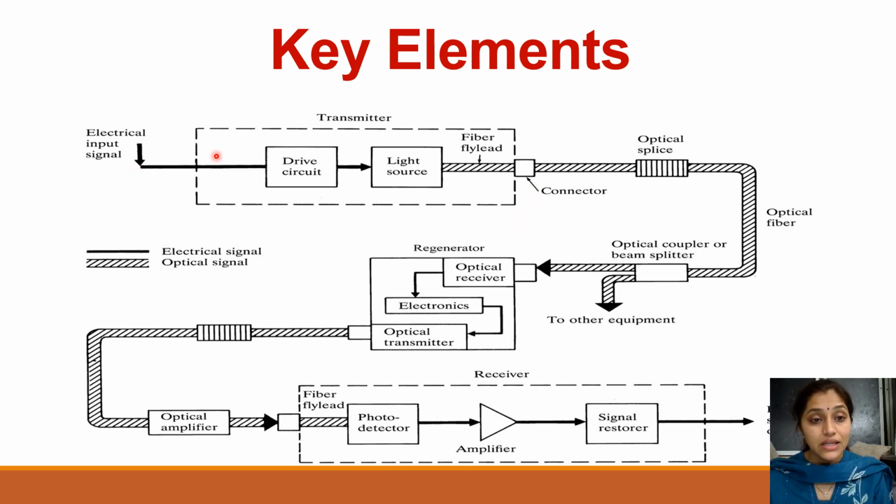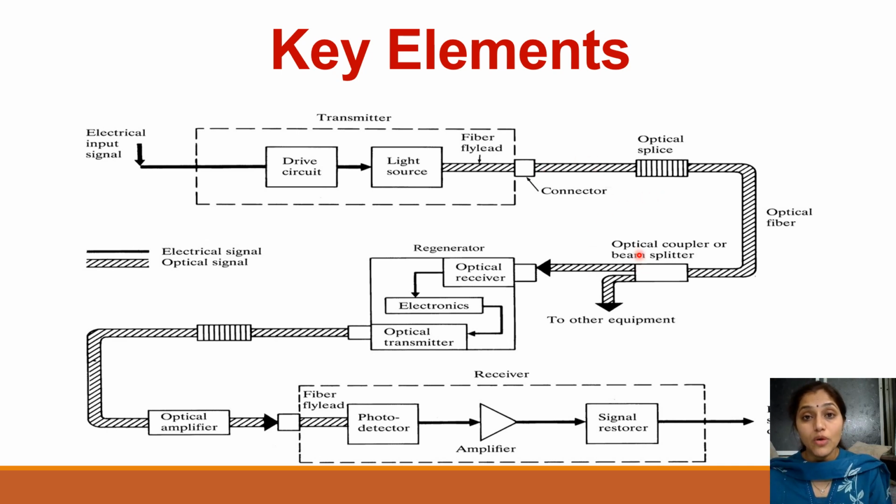See, this thick line indicates signal is in electrical form and this line indicates signal is in optical form, in the form of light. This connector is used to connect cable to our LED or light source.